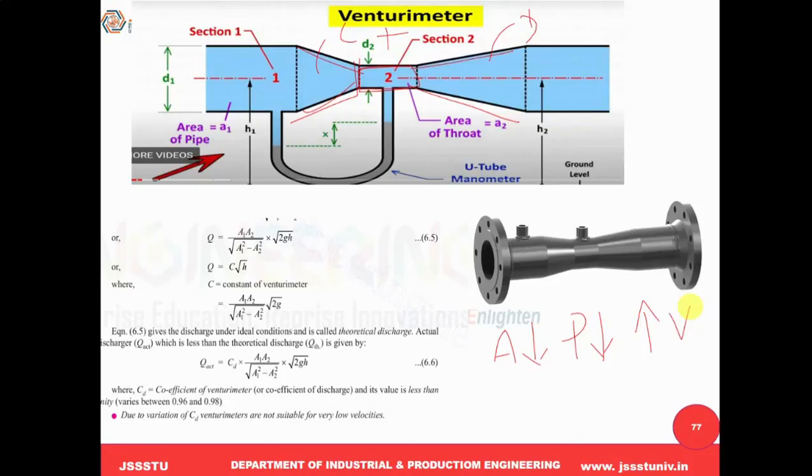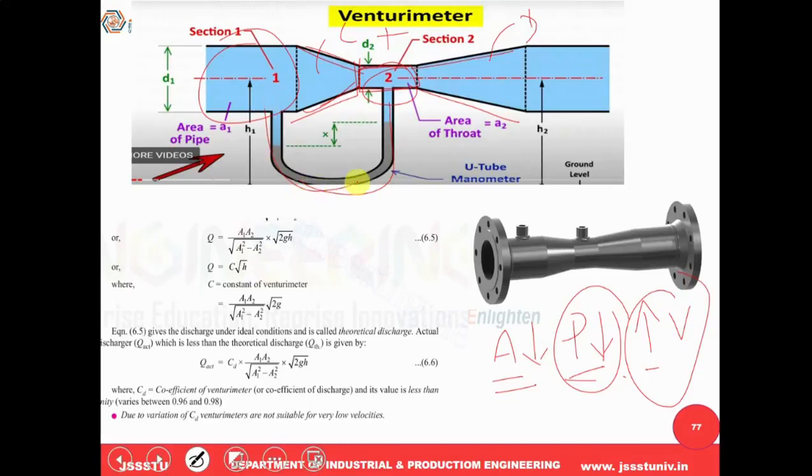That is the principle used here. So when the area decreases, the pressure decreases, and pressure energy is converted into kinetic energy. The difference with respect to the throat and the pipe area gives a pressure difference, which can be measured by connecting a manometer, popularly a U-tube manometer.